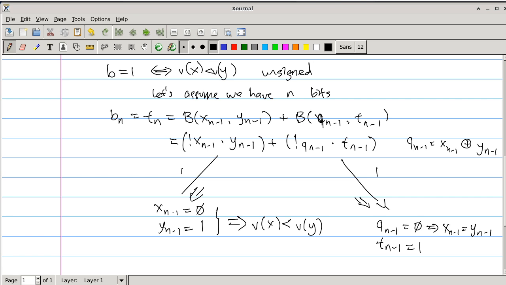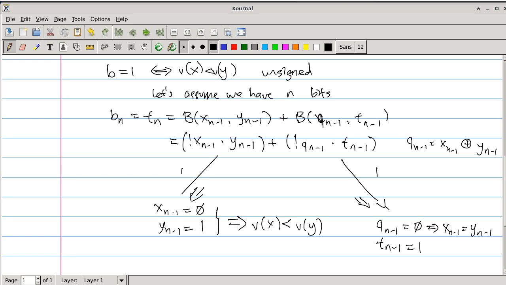Then we reapply the same logic and say, oh, so that means if Tn minus 1 is 1, then either xn minus 2 is a 0 and yn minus 2 is a 1, which then conclusively says, okay, x really is less than y, or we push it back one step further, which means both the most significant two bits are the same, but the Tn minus 2 is a 1.